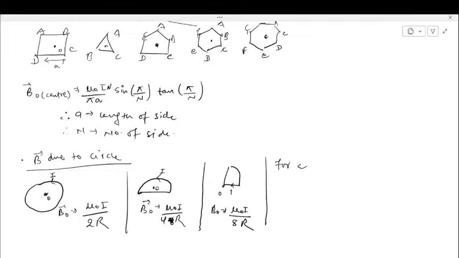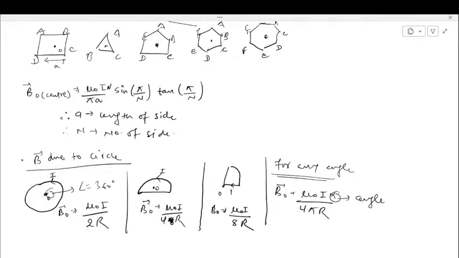For any angle, magnetic field at point O is mu naught I alpha upon 4 pi r. Alpha is the angle here. Here the angle is 360 degree. Assume here theta is 180 degree. Here theta is 90 degree.